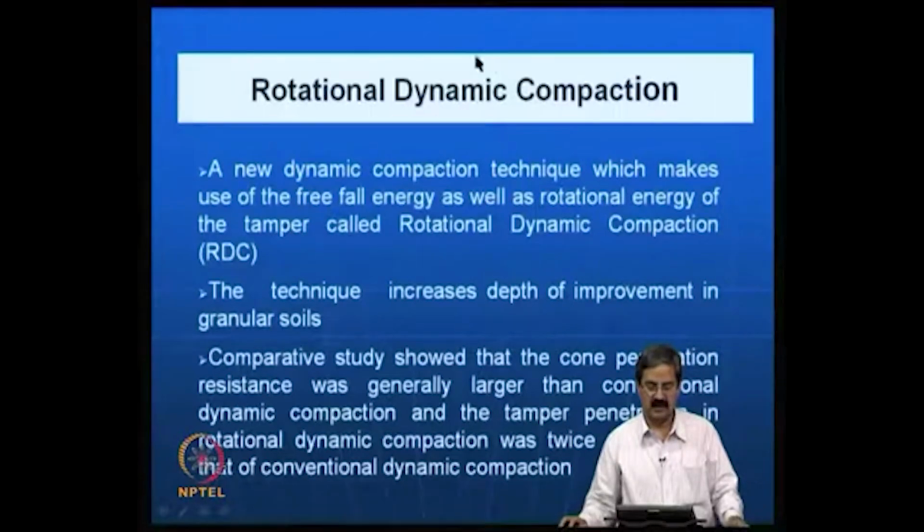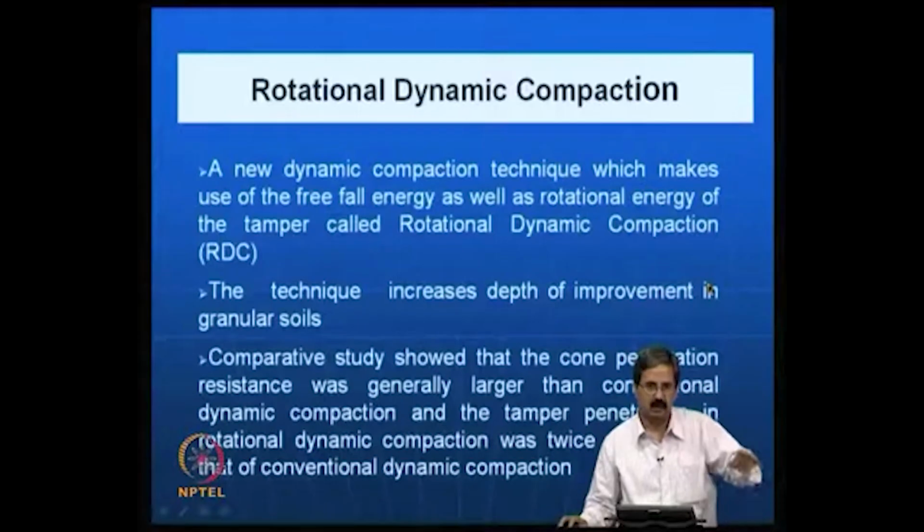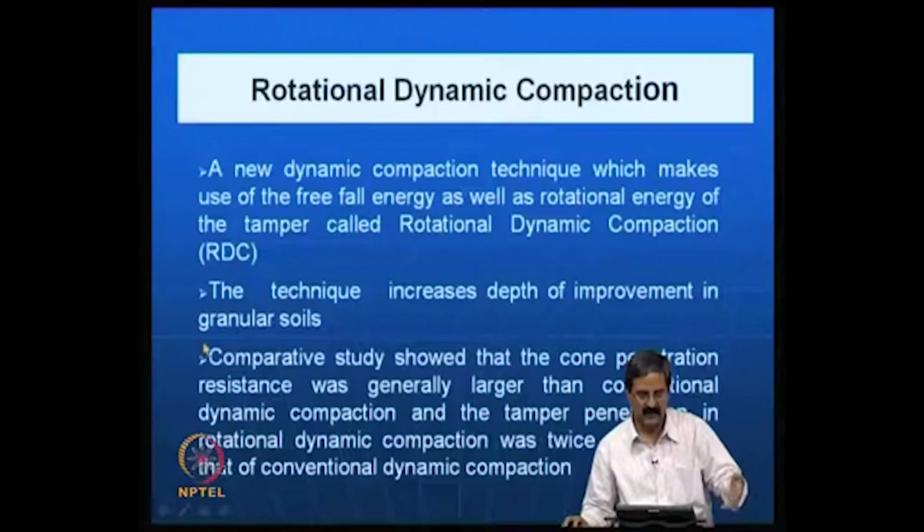Then what is known as rotational dynamic compaction is also possible, because people have done some studies on this new method, which uses free fall energy. We know that when you drop a weight, there is free fall energy, and then you also rotate it, so there is rotational energy as well. So it is called rotational dynamic compaction. The technique increases the depth of improvement, and it has both removal as well as compaction.